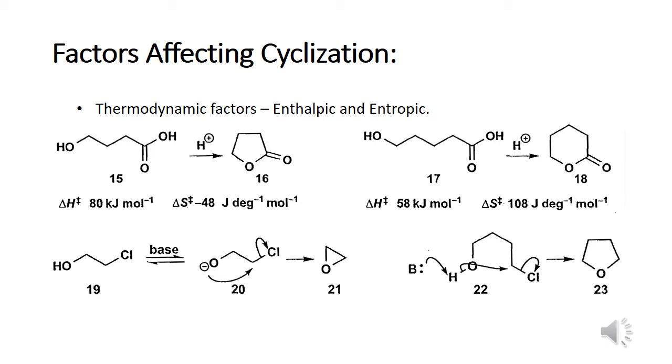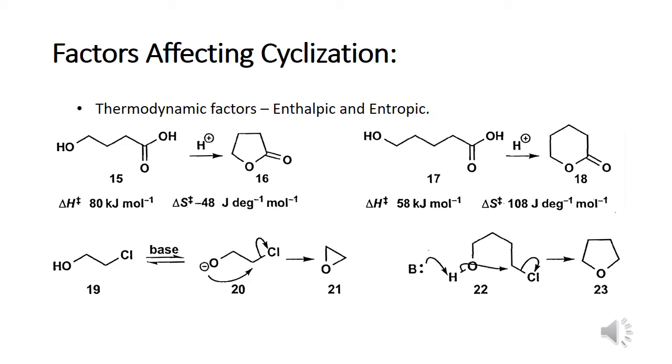The example given over here is the formation of 5 and 6-membered rings of lactones, 5-membered lactones and 6-membered lactones. You can see the enthalpy value is given over here, the entropic value is given over here as well, and we need to compare both the enthalpic and entropic values.